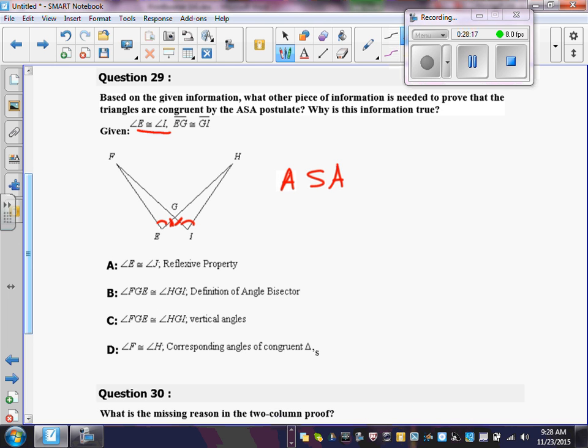So I need ASA, which would be this angle here, the vertical angle. So it's vertical angles that we have to pick. So FGE is congruent to HGI by vertical angles.